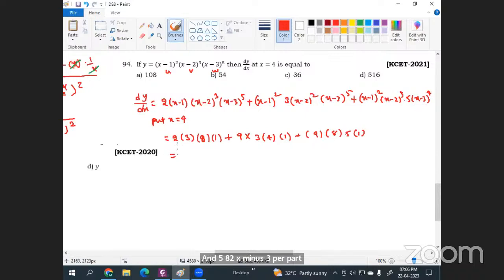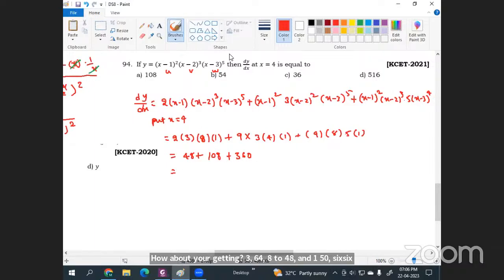How much are you getting? 2 into 3, 6 into 8, 48. 12 into 9, 108, plus 9 into 8, 72, and 360. 48 plus 108 is 156, 156 plus 360.